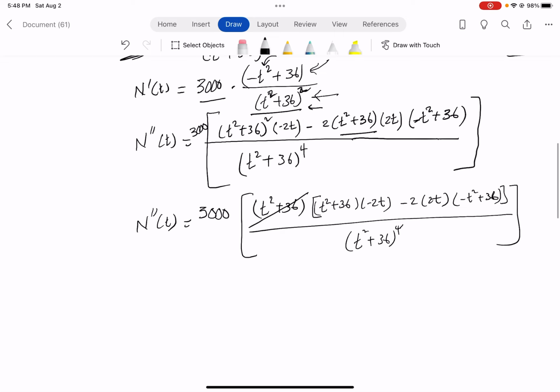So this cancels with this. This is going to be to the third, so I'm going to erase it.